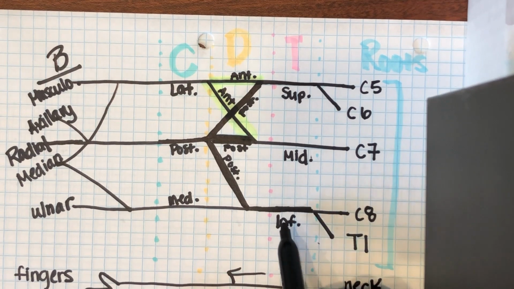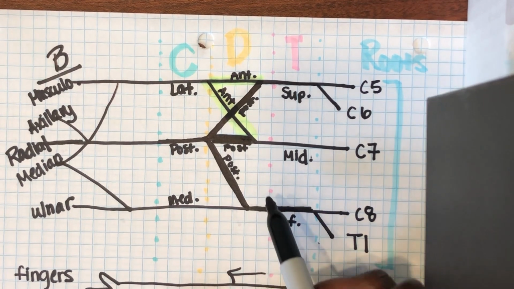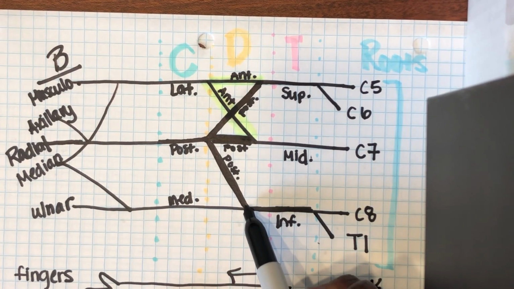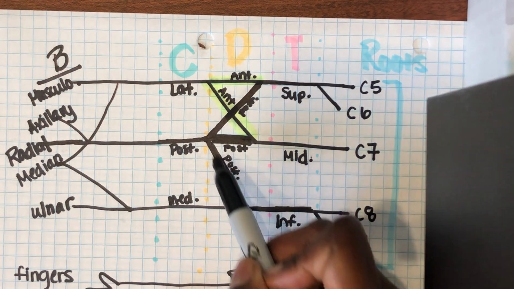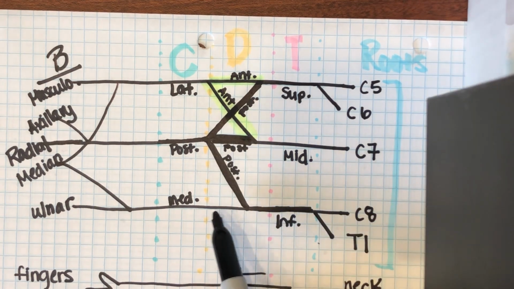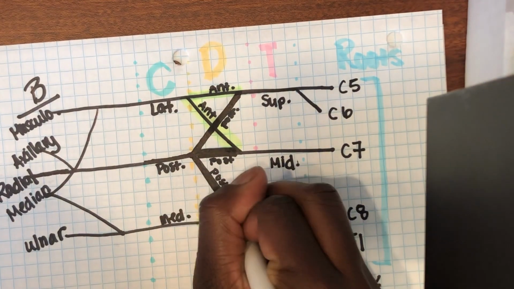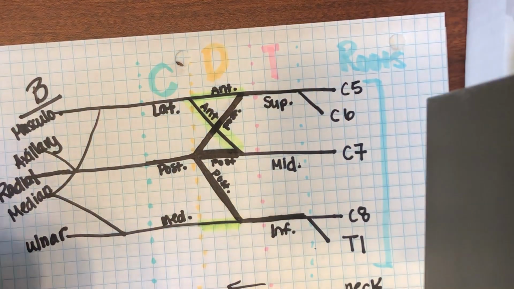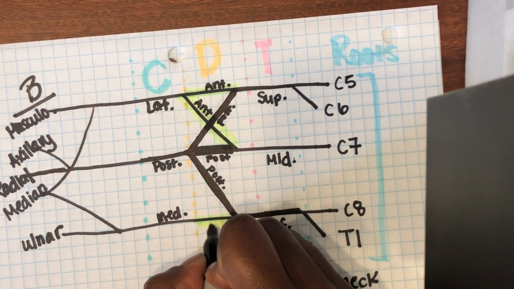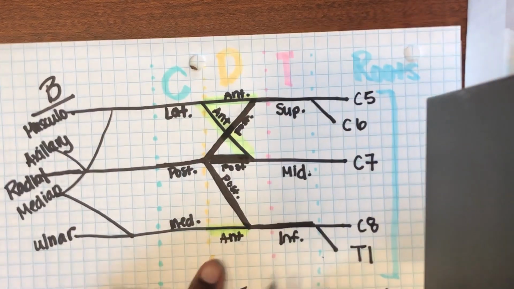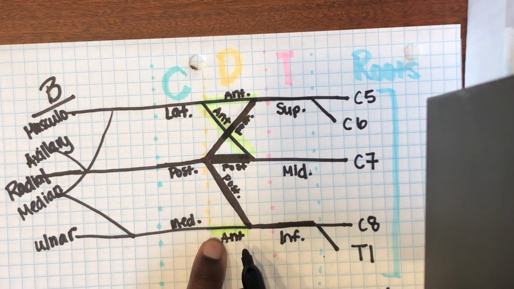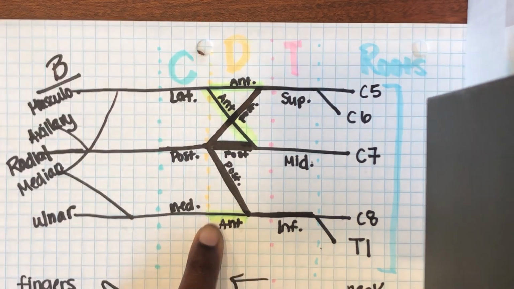And our inferior trunk down here, we already saw that it's split into a posterior division here. But what about this? This segment of the brachial plexus is going to go anteriorly. This is our anterior division right here. Okay.